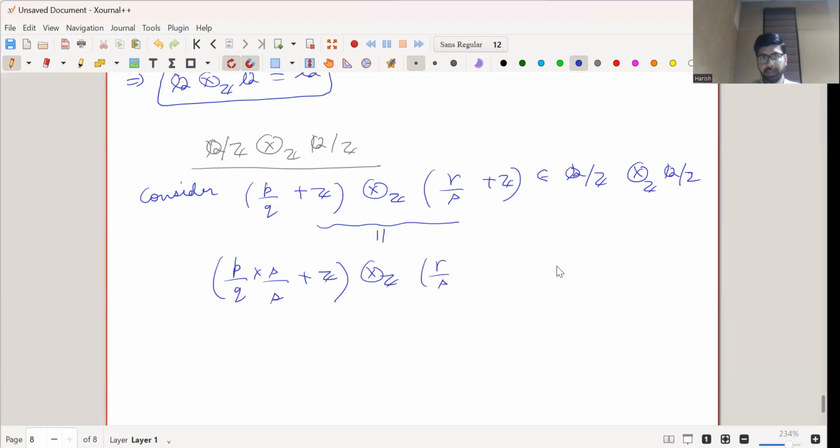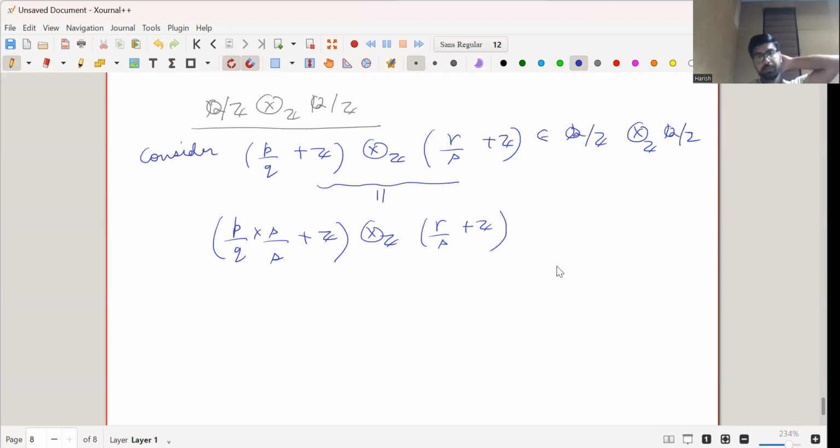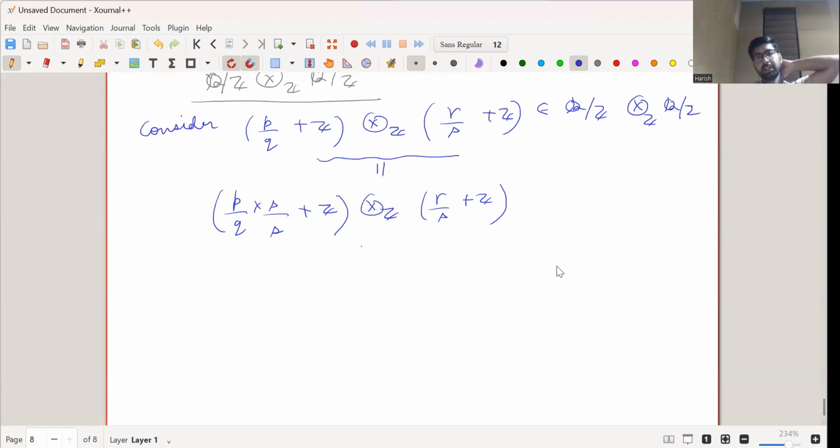We can only move the elements of the ring. That is, here the underlying ring is Z. You cannot do, okay, what if I take the entire p/q here? No, you can move only the elements of Z here because the underlying ring is Z. Now that is same as, you keep this here and you can move this s to this side.